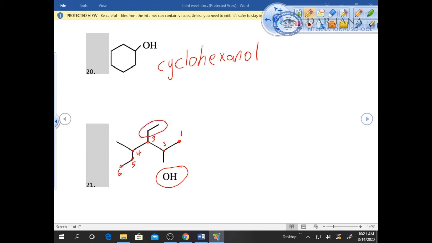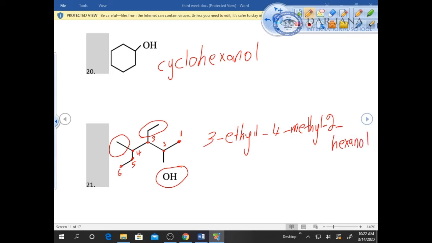This is ethyl group and this is methyl group. So the name of this molecule is, starting with ethyl, 3-ethyl 4-methyl 2-hexanol. Because OH group on carbon number 2.